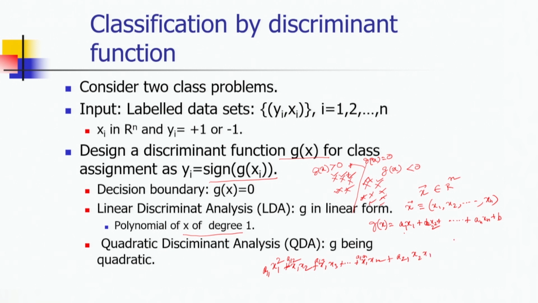These two could be clubbed together, so we can have only a single x1x2, then a22 x2 square, and like this. So this is the quadratic, and then finally you also have the linear terms.